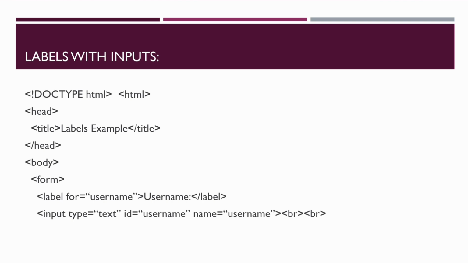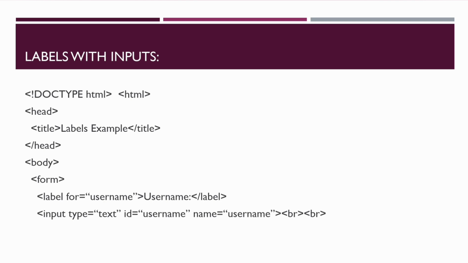Whenever you fill any form, we see they provide a name. Opposite to that name, they provide a box to fill in our name. For creating that box, we use this input in the code. Input type is equal to text. For username, we write text, right?